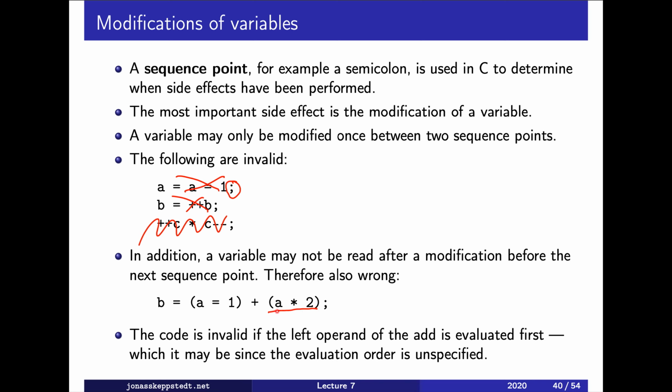Then it starts with reading, and it has read this, and then it modifies A. Then it's fine. But if it starts with modifying A and then reads A, then it has violated this: may not read after a modification before the next sequence point, which is what happens if we evaluate the left operand first. So code like this is just very bad and should never be written.